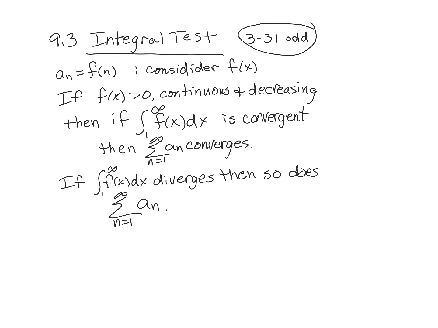You have to prove those 3 things first. Then you take the integral. Remember, your limit is infinity. You've been practicing limits at infinity if you've been doing your homework. If you get a number, then your series converges. If you get infinity, then your series diverges as well. Got it?